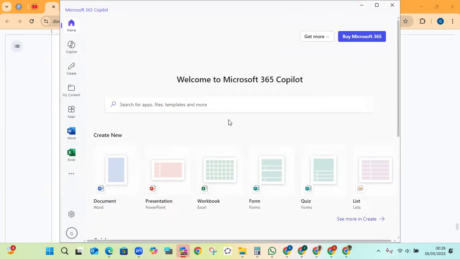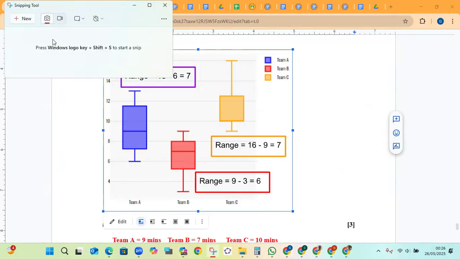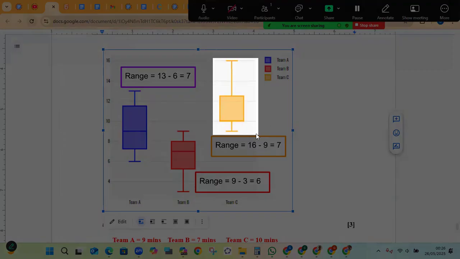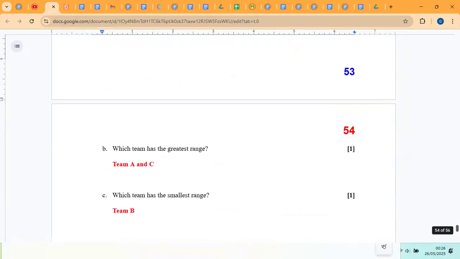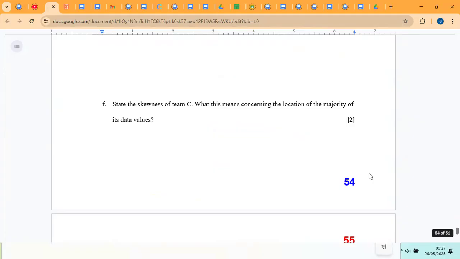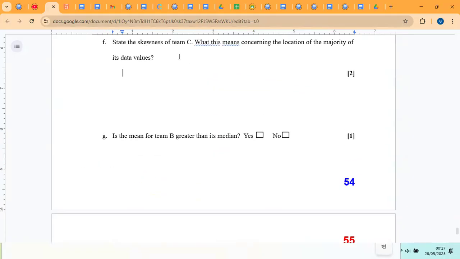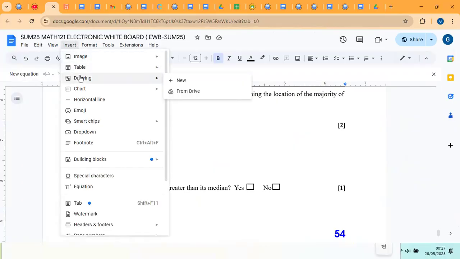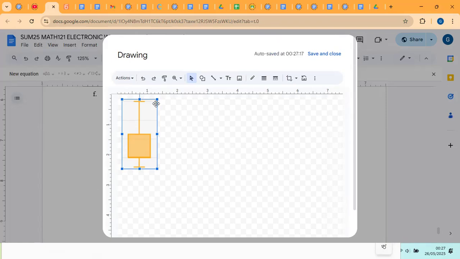Another thing we can do, we can take a screenshot of the box and whiskers for team C, paste it, insert it in a new drawing and rotate it.